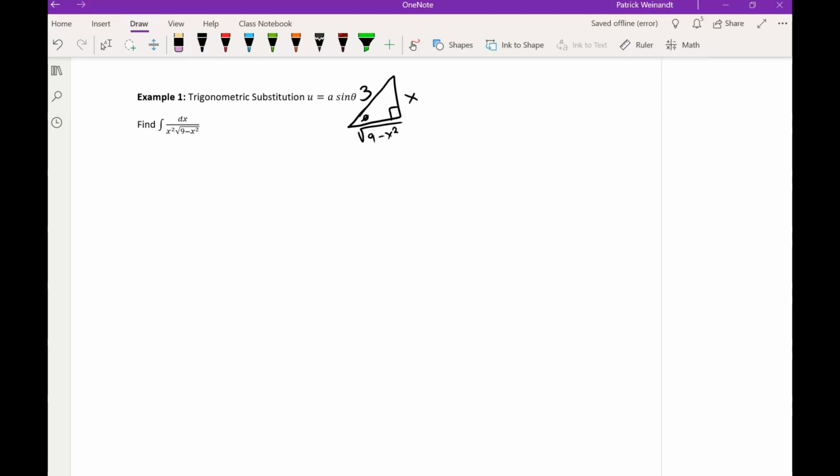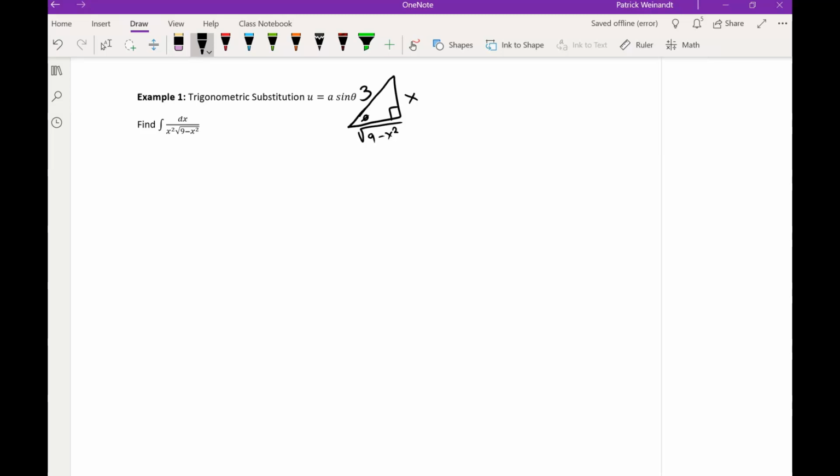Now you could recognize that this is in the form of a squared minus u squared, and you could just simply apply that and know that the square root of a squared minus u squared is going to be that a value times cosine of theta. We'll get there eventually. I want to practice using this because we're going to have to use it in the end anyways to substitute in some values and simplify things. So we want to involve this x and this 3.